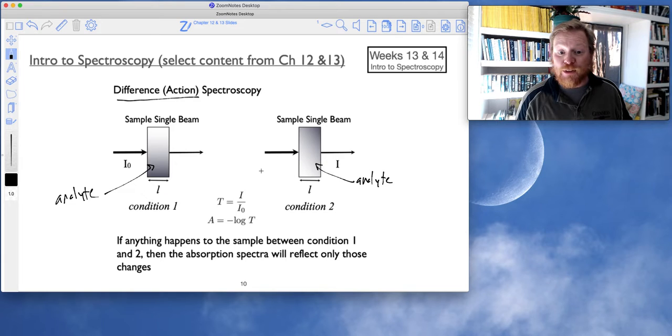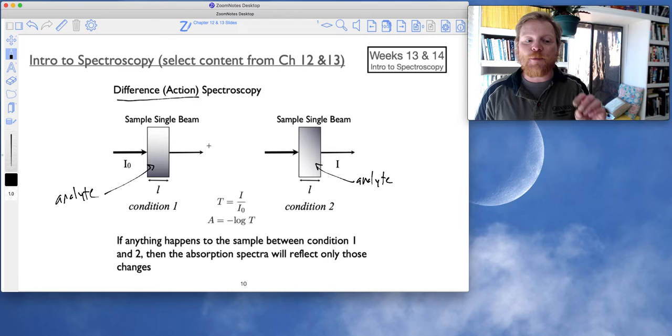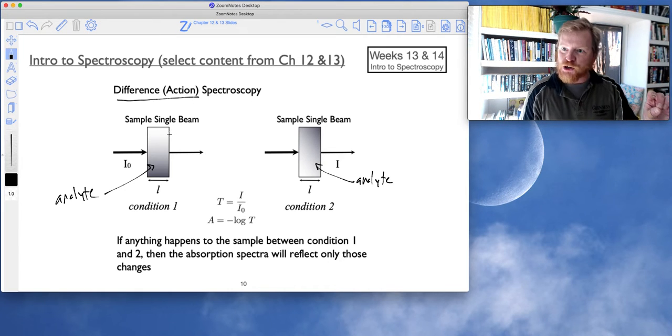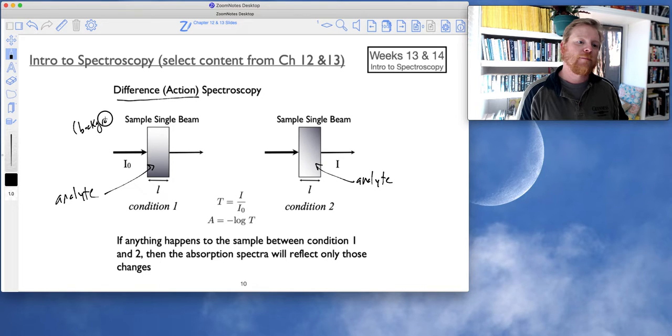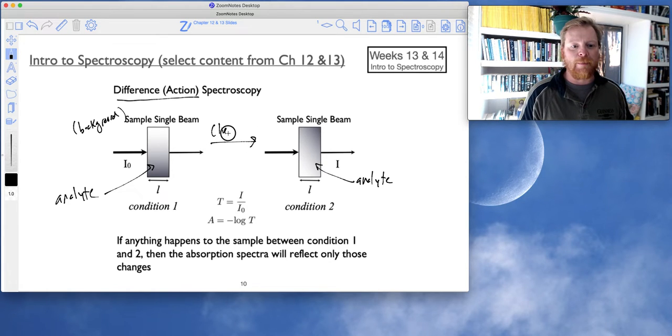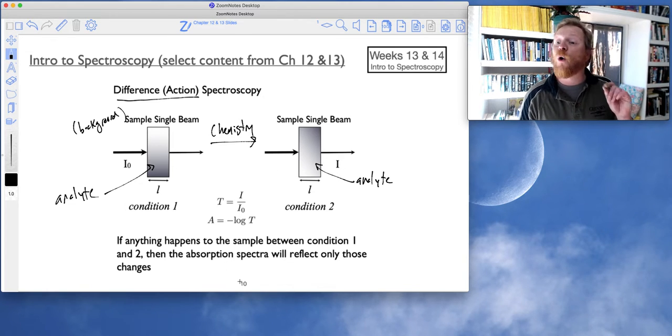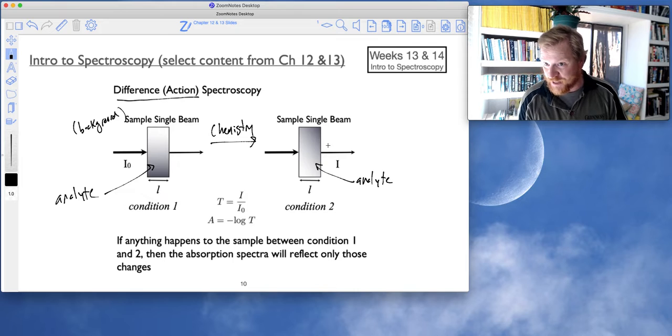And now in between the time that I record the initial background single beam and sample single beam, I've done some chemistry. Okay? And so if anything happens to that sample in between these two conditions, then the absorption spectra will only reflect the changes that happened.